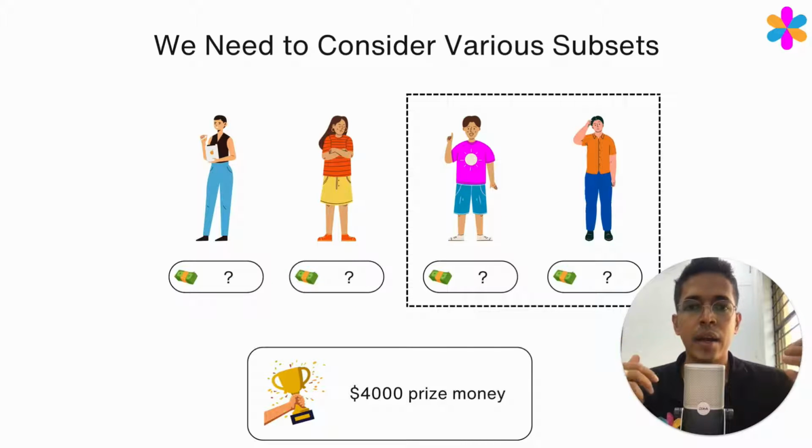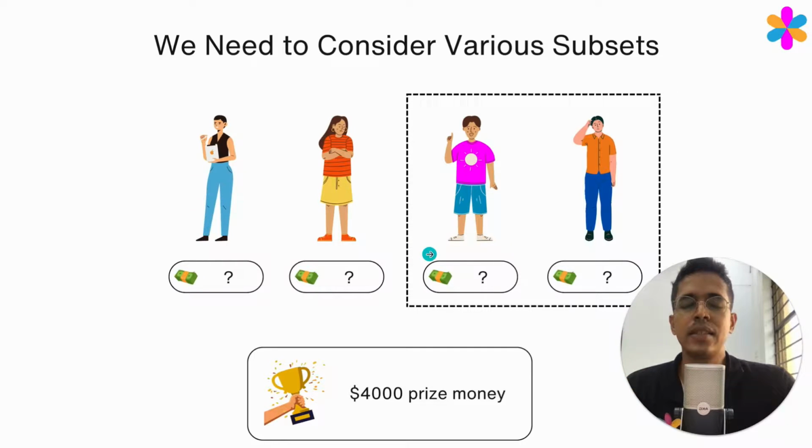So there are many different subsets which we can create here. And by calculating the prize money corresponding to different subset teams, we can get an estimate of how much an individual contributes when they are part of different subsets. So we can calculate how much this fourth person contributes when part of this 2-member team, or how much they contribute as part of a 3-member team, or as part of the entire team.